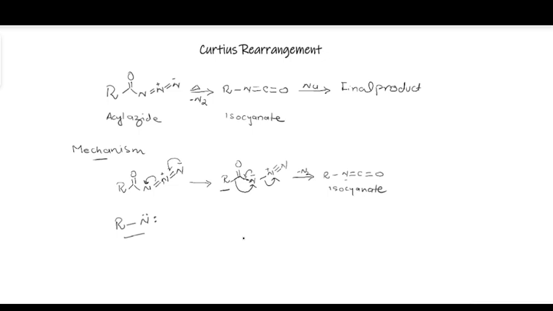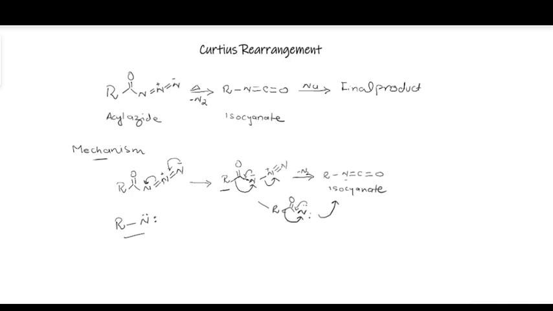So the question arises here whether this conversion of the acyl azide to isocyanate goes through a nitrene intermediate like this, and then there is rearrangement or shifting of this R group towards the nitrogen like this, and it is converted to isocyanate, or it is a concerted process and this azide is directly converted to isocyanate.